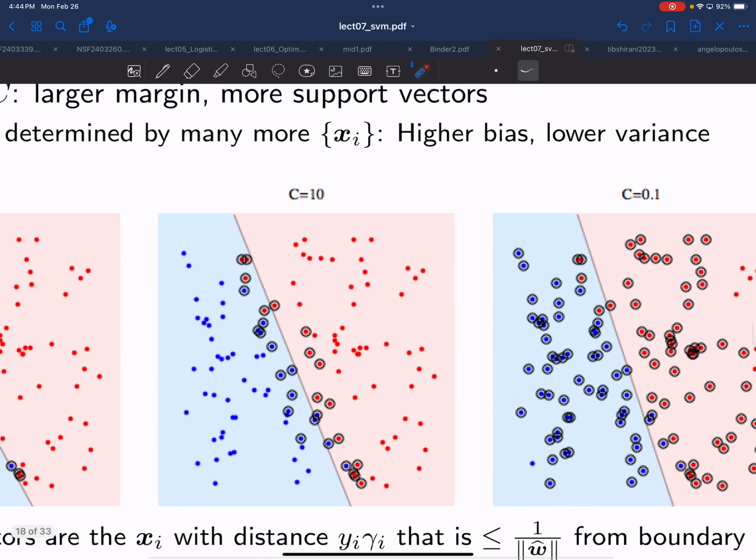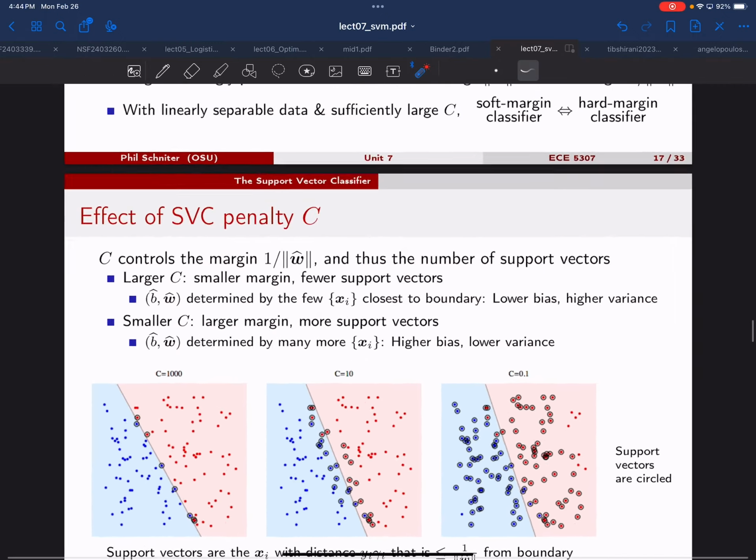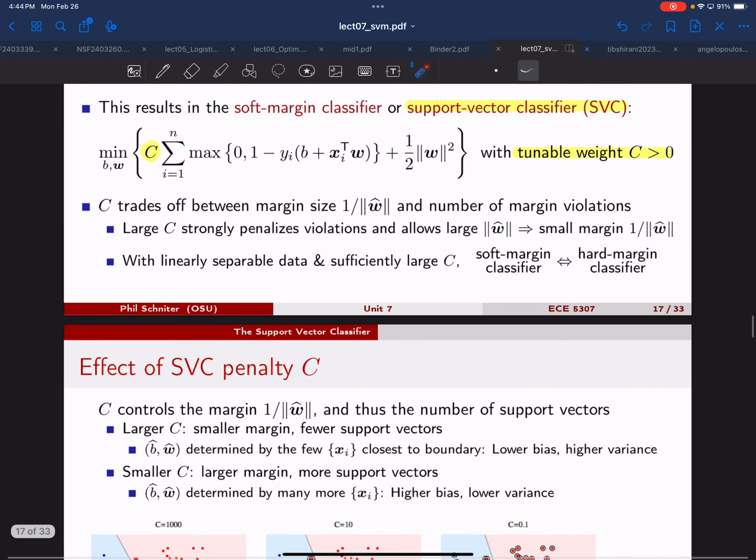If you decrease C by another couple orders of magnitude, now the street is extremely wide. There's only a few points left that are not in the street. So in this latter case, you are basically saying it's fine for this to be large because we'll make it small with C, but this thing, we really want to make this small.